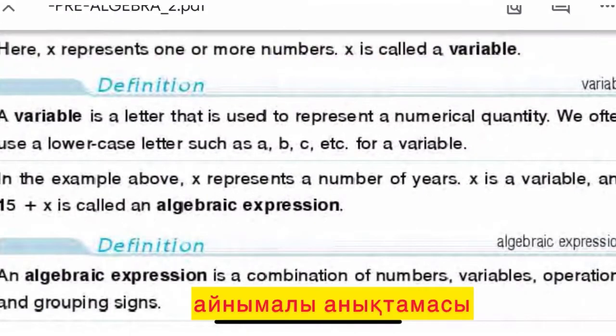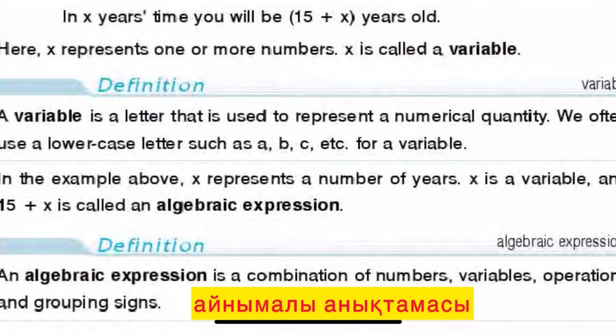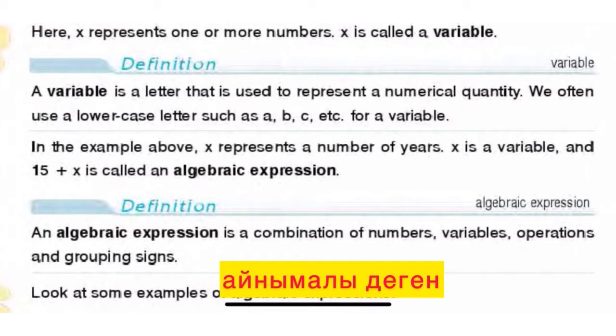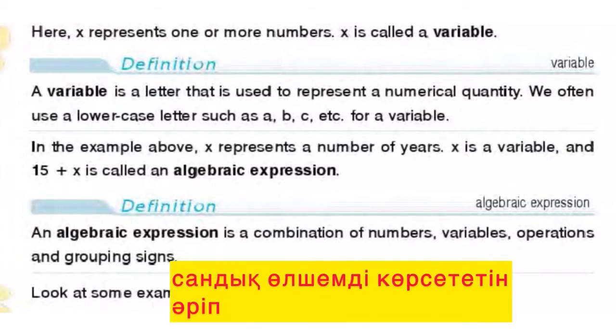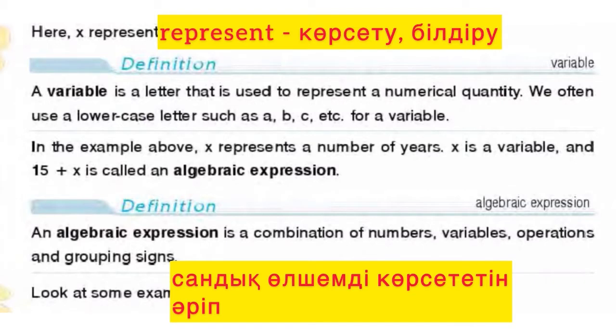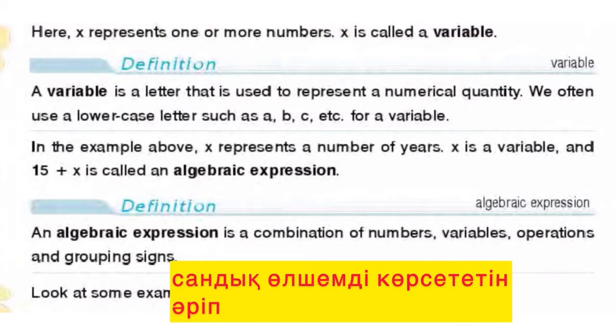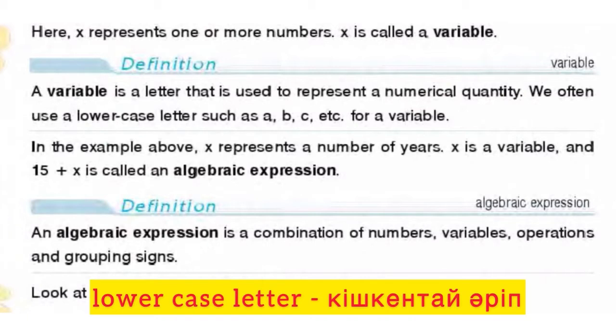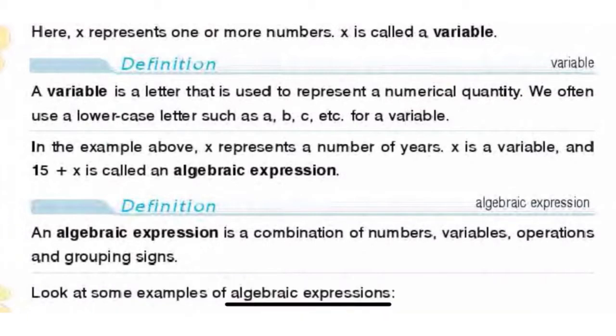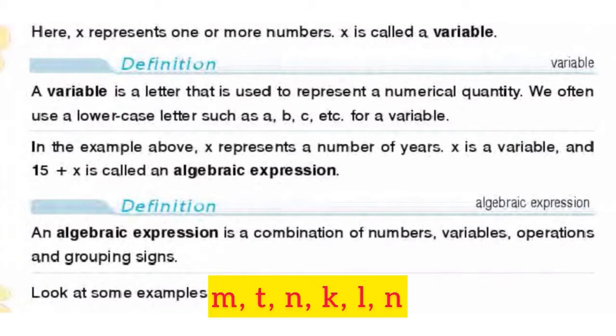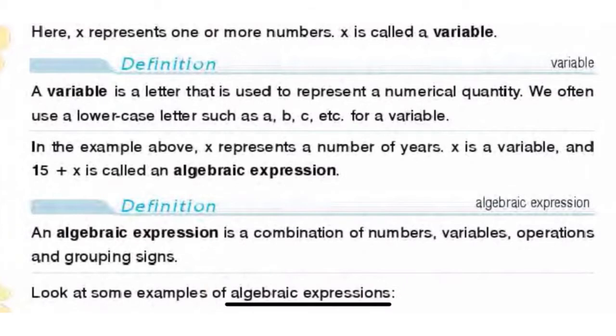Let's give a definition for the word variable. A variable is a letter that is used to represent a numerical quantity. We often use a lowercase letter such as a, b, c for a variable. Any letter, we can write it m, t, n, k, l, and so on.